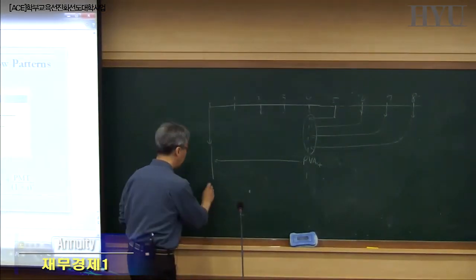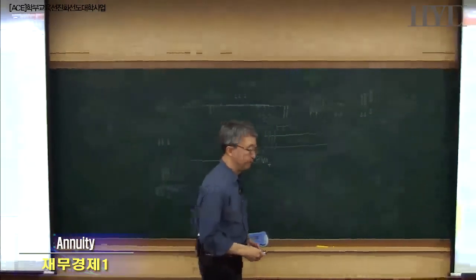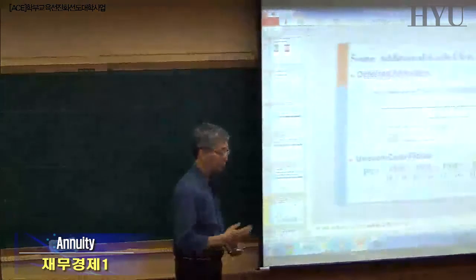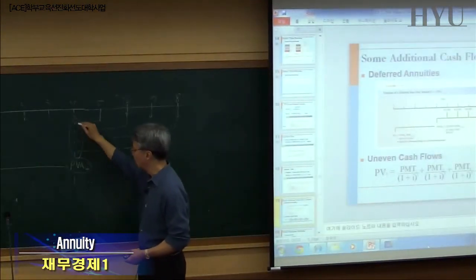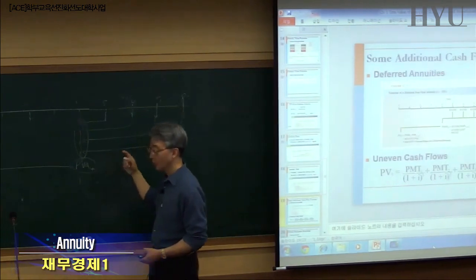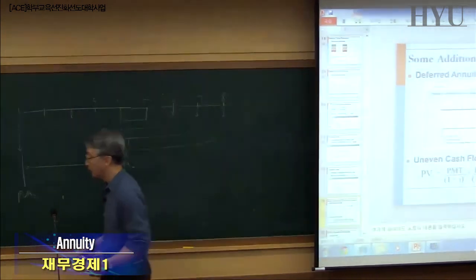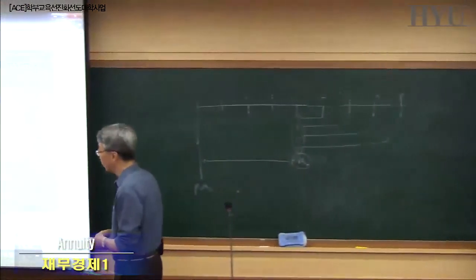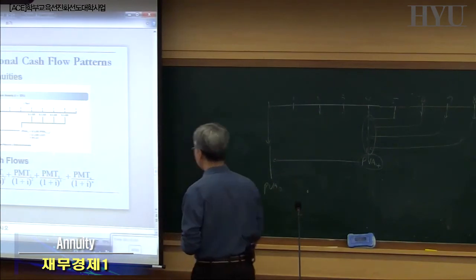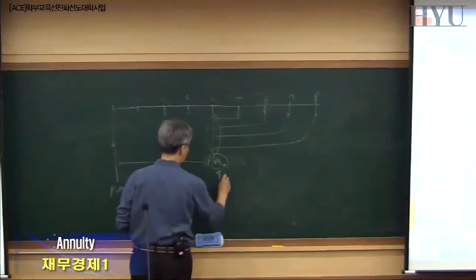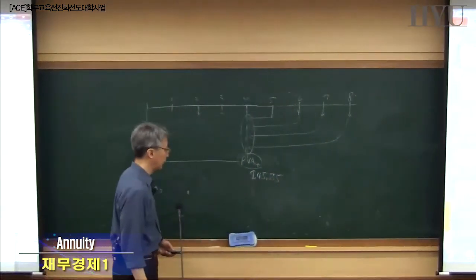Calculate the present value of annuity at time 0. Okay? So that's 2 steps. First step is calculating the present value of annuity at this point using the regular formula. And then whatever comes out here, according to this calculator, the value comes out to be $45,555.